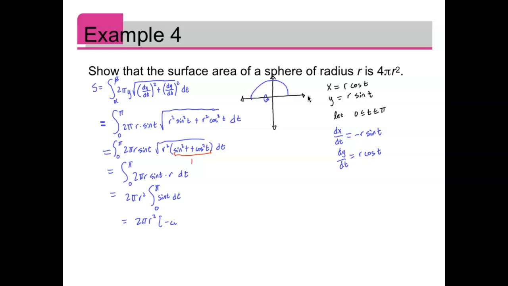Antiderivative of sine is negative cosine. I want to go from 0 to pi. So negative cosine pi, this ends up being plus cosine 0. That's 1. That's 1. And boom, we've now proven that the surface area of a sphere of radius r is 4 pi r squared.